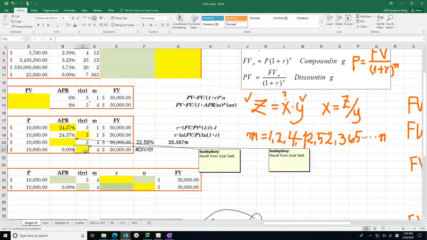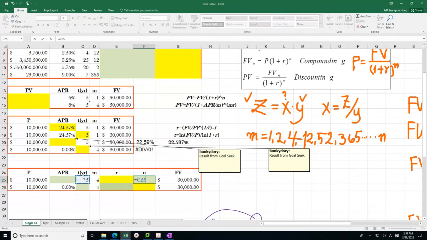Now again, for this one, it's just a matter of making an adjustment. Since we don't have much time, I'll just point to this. Times n.